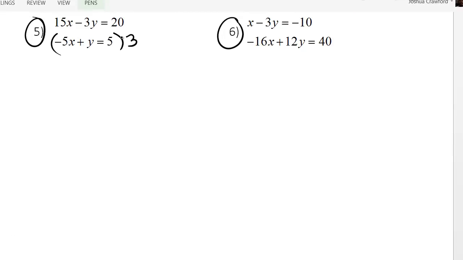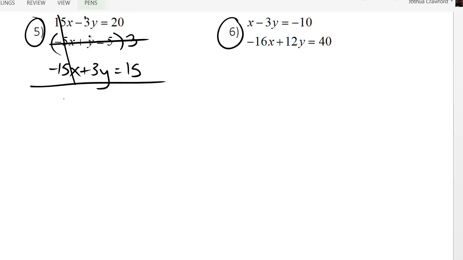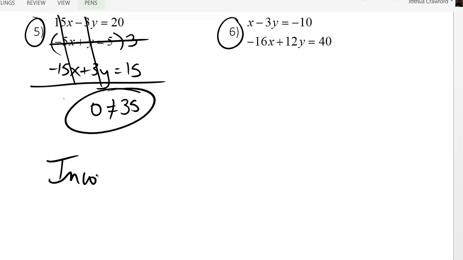So multiplying the bottom equation by 3. 3 times negative 5 is negative 15x. 3 times 1 is 3y. 3 times 5 is 15. So then add your two equations. 15 minus 15 cancels. 3 minus 3 cancels. So we'll have 0 equals 20 plus 15 is 35, which is not true, so it's going to be inconsistent.